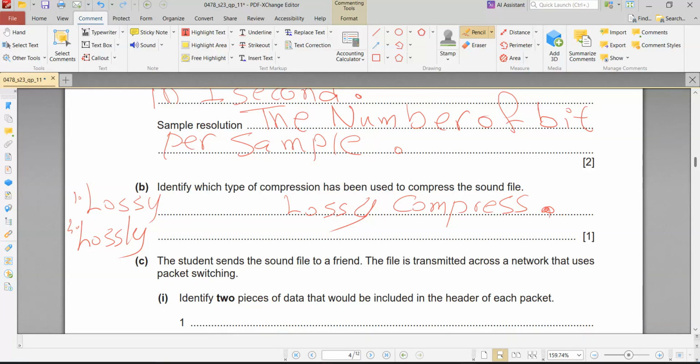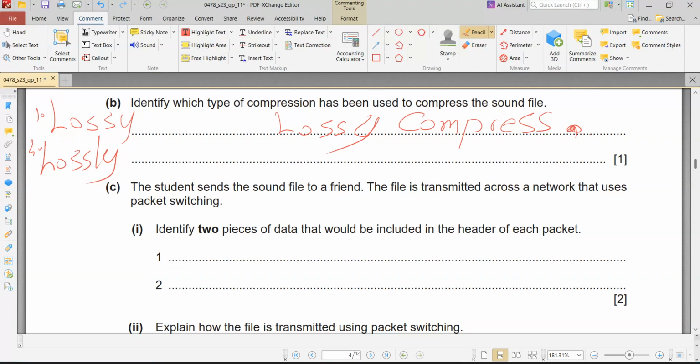So in C, he says a student sent a sound file to his friend. The file is transmitted across a network that uses packet switching. Identify two pieces of data that would be included in the header of each packet.